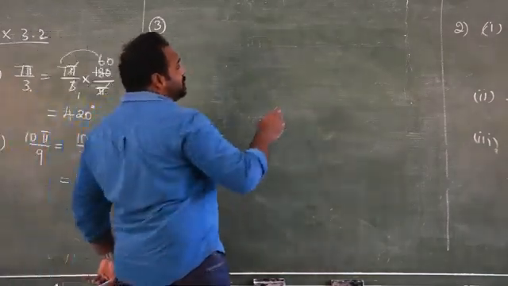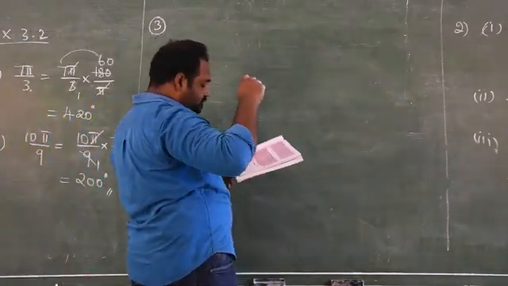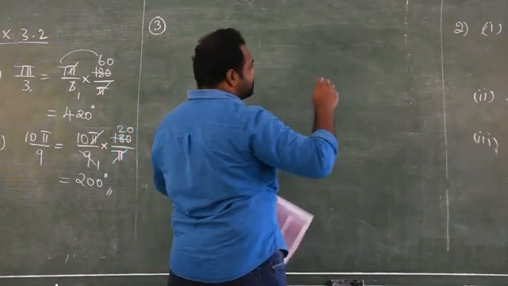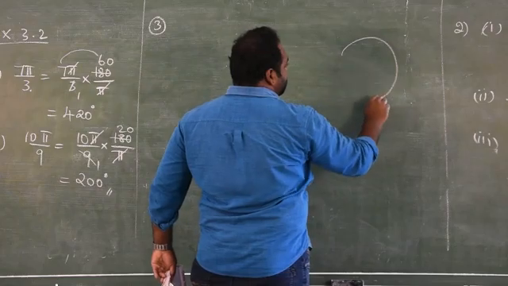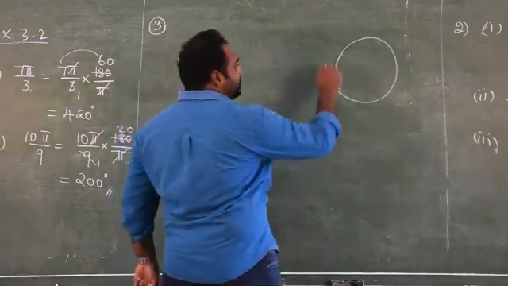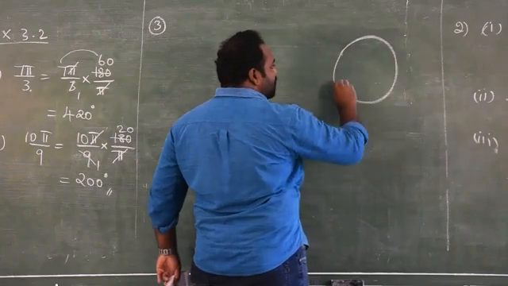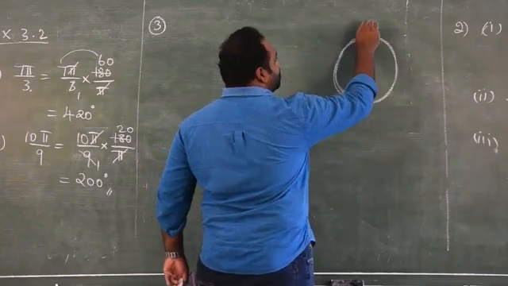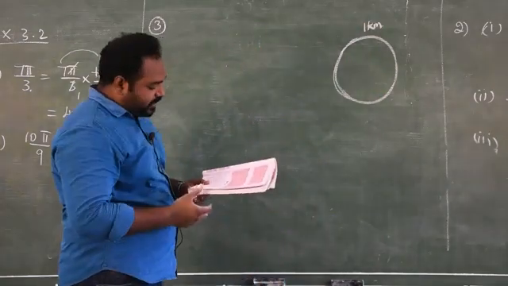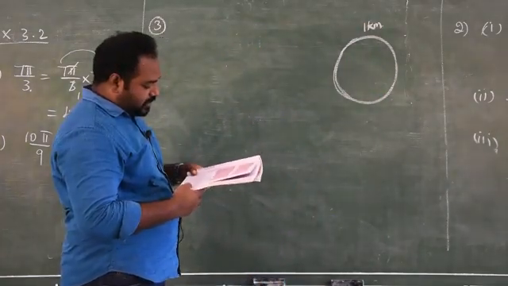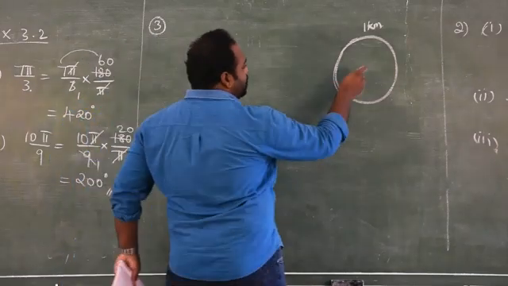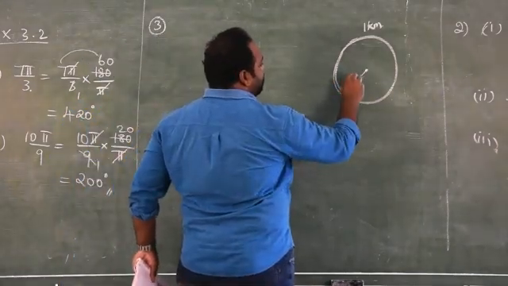Actually, the athlete must run 5 times. So I am going to draw the circle. The athlete must run 5 times to complete a 1 kilometer distance. So they are asking us to find out the radius of this path.